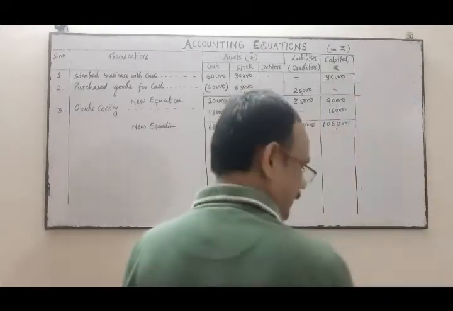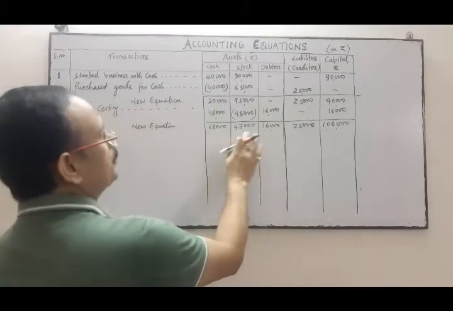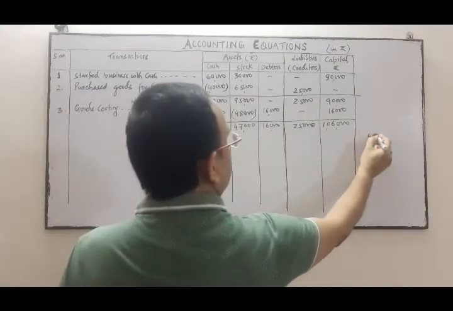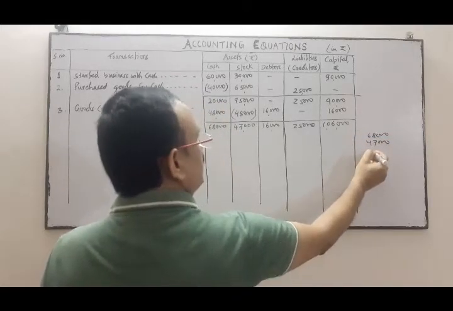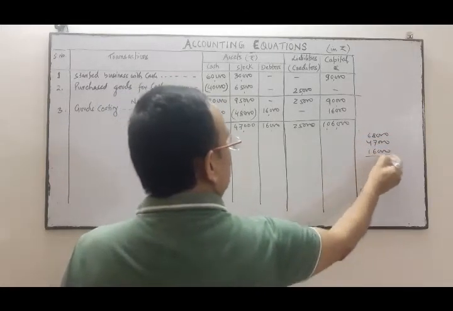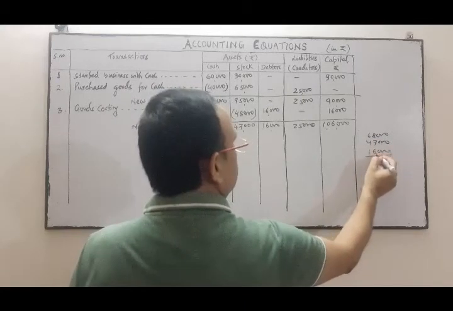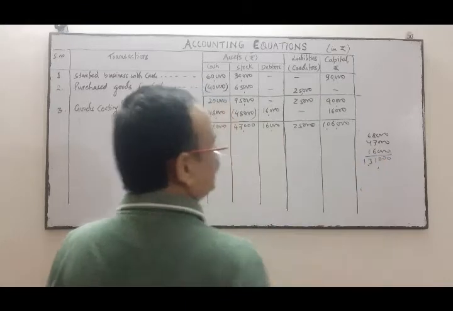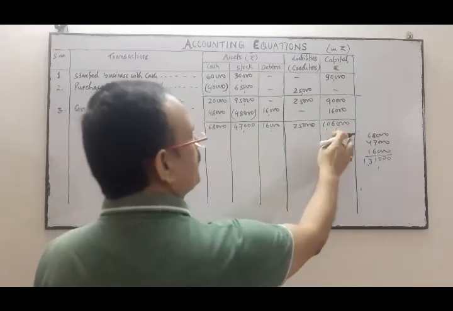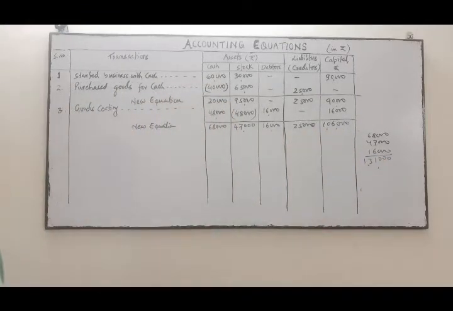You can verify it. This side your assets is 68 plus 47 plus 16, so total assets is 1,31,000, and liability is 25 plus 1,06,000, 1,31,000. So both side is same.